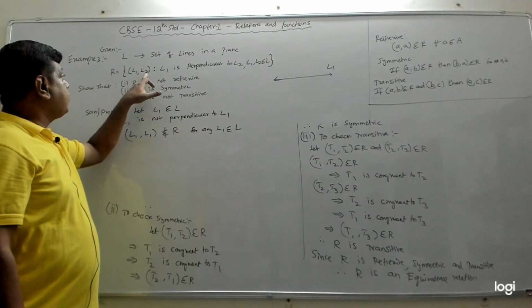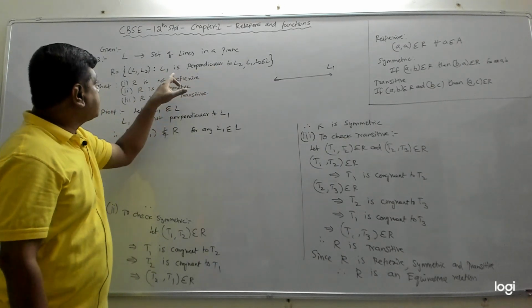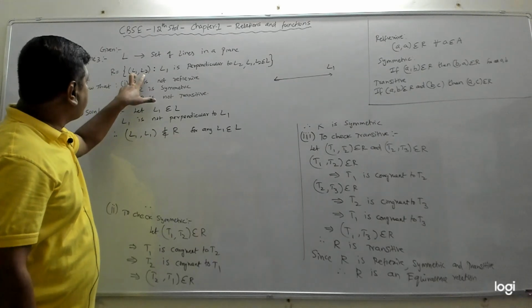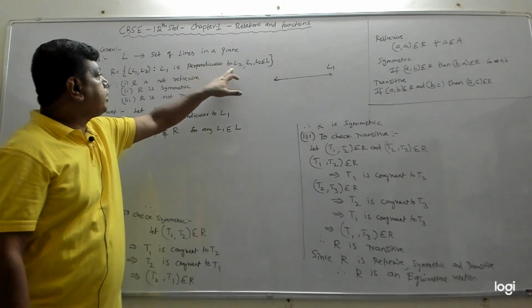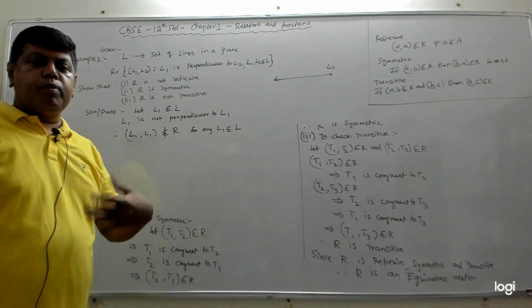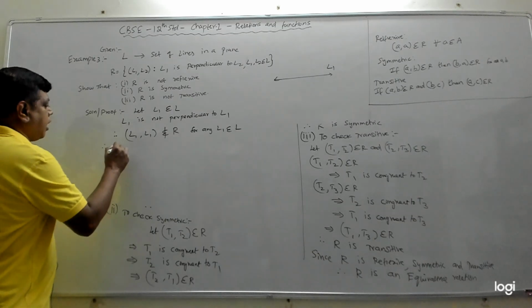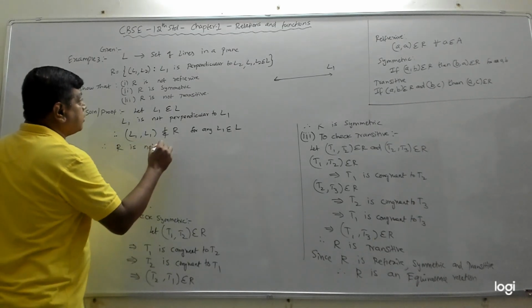We will get the condition that L1 is perpendicular to L1. But L1 is not perpendicular to L1, since a line cannot be perpendicular to itself. So it is not reflexive. Therefore, R is not reflexive.